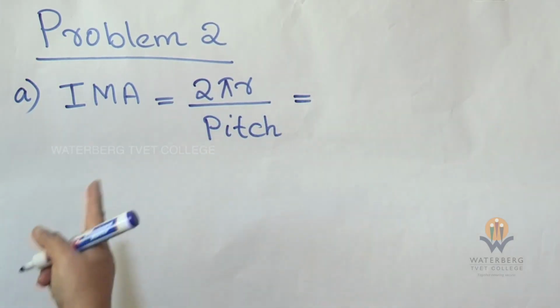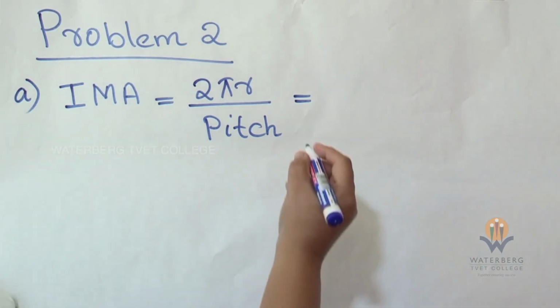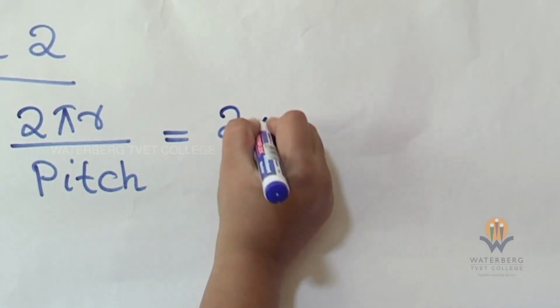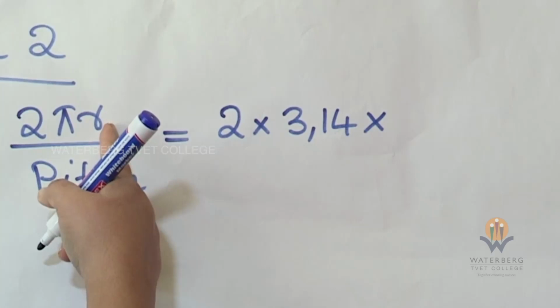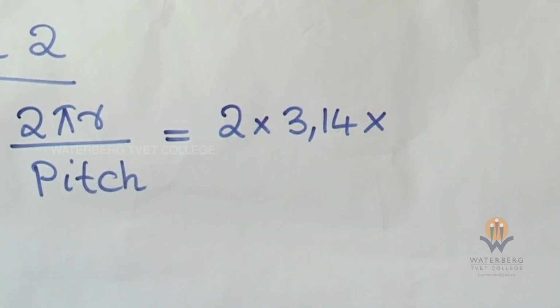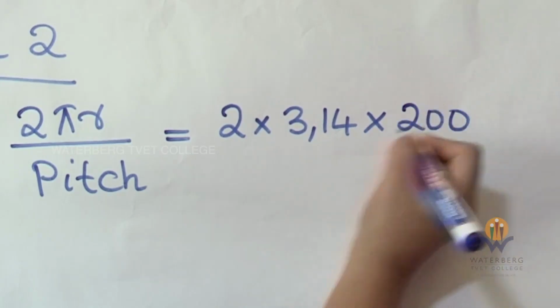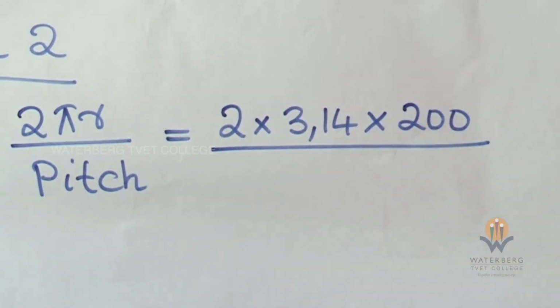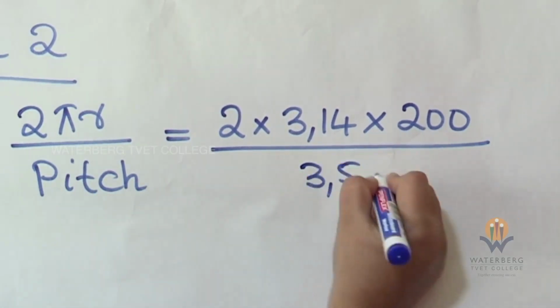So it is 2 times 3.14 times the radius, which is the length of the handle, 200 millimeters, divided by the pitch, which is 3.5 millimeters.